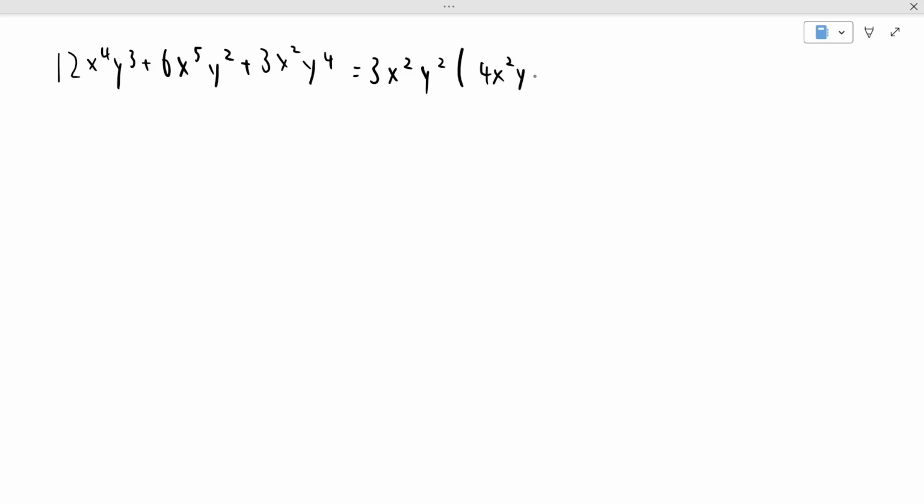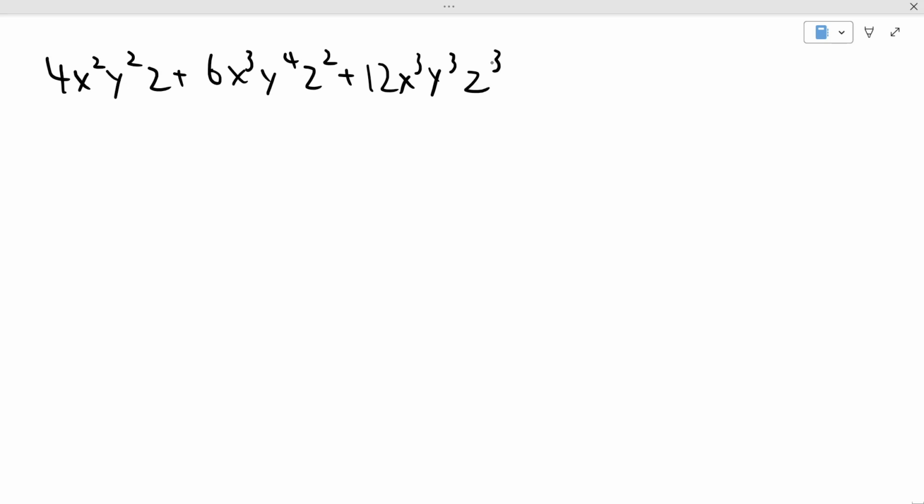For the second term, if we take 6x to the fifth y squared and divide that by 3x squared y squared, we will get plus 2x cubed. And if we take the third term, 3x squared y to the fourth, and divide that by the greatest common factor of 3x squared y squared, we simply get y squared. And this is our final answer.